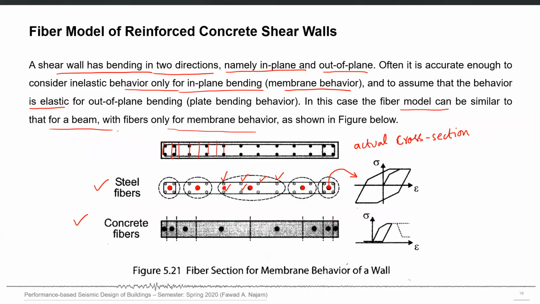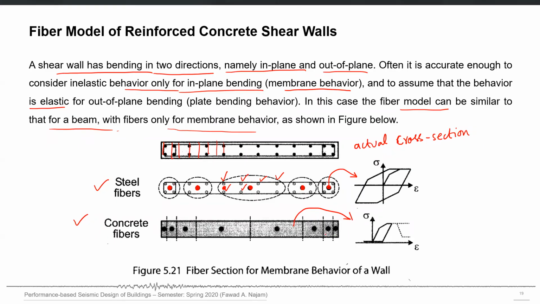Since the inelastic action is expected to start from the ends of the shear wall leg, we make more closely spaced, small fibers there, and we can make them big in the middle. Alternatively, we can decide this depending upon the capabilities of the software we are using. For each concrete fiber, we assign the concrete stress strain behavior.